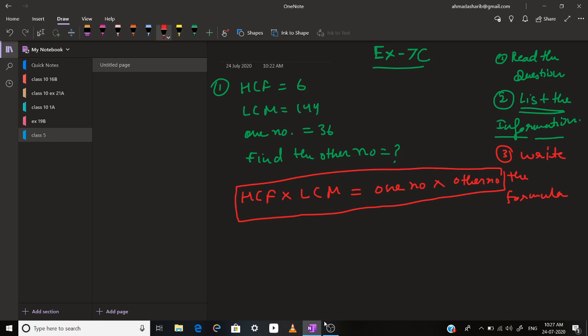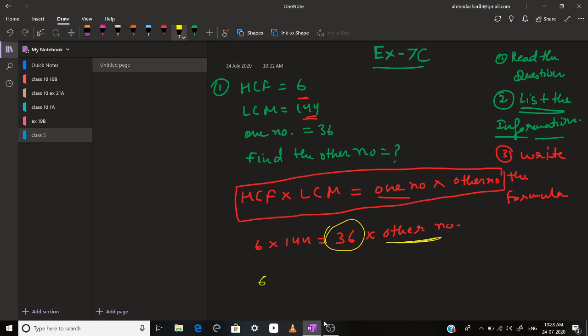Now what is the HCF given? HCF is 6, so write 6. And what is LCM? 144, so write 144 is equal to what is one number? 36, so write 36. And other number, write as it is, because you have to find it. Okay, now what you have to do students, whatever the number is with other number, you will have to shift this number here in the division.